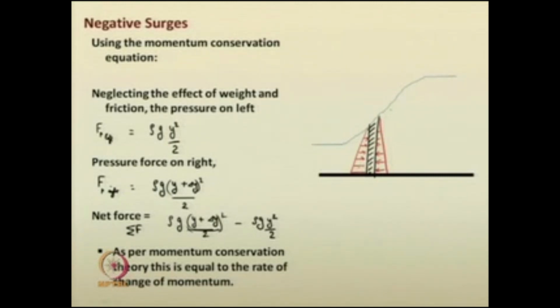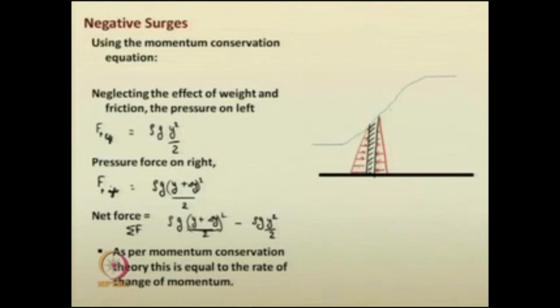Now, this net force should be equal to the rate of change of momentum. For the rate of change of momentum, you have the rate of change of momentum stored inside that elemental strip plus the net outflux of momentum through the control surfaces, as per your Reynolds transport theorem, you remember them. So, we are using the same theory here.